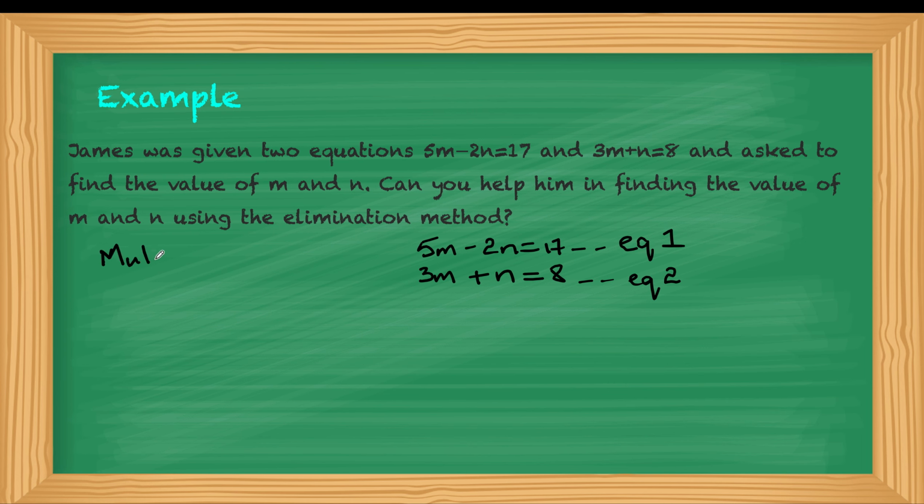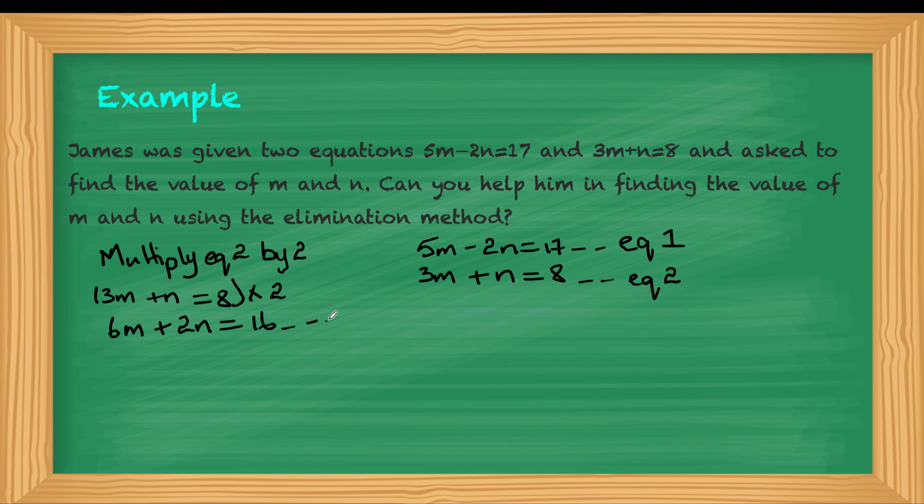And to do that, we are going to multiply equation 2 by 2. When we multiply 3m plus n is equal to 8 by 2, we would get 6m plus 2n is equal to 16.